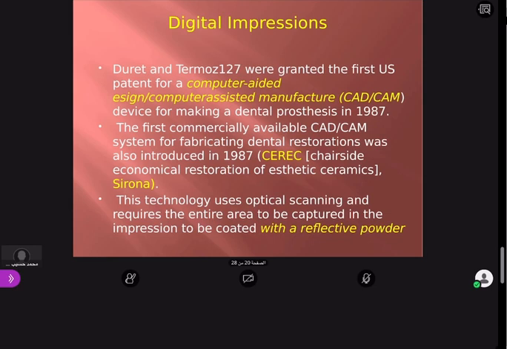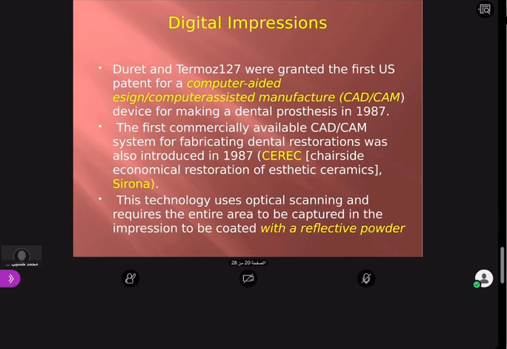So the first commercially available CAD/CAM system for fabricating dental restorations was introduced in 1987, the CEREC system. So with the digital impression, we use the CAD/CAM system. What is CAD/CAM? CAD/CAM is basically computer-aided design and computer-assisted machining.